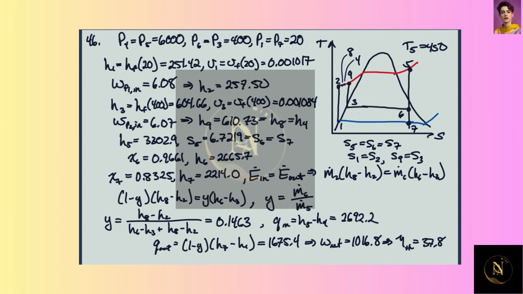So again, we know then we can get, if we divide through by m5, which is the same as m. Let's see here. Again, we have mass conservation too. So m5 is the flow through the turbine here.